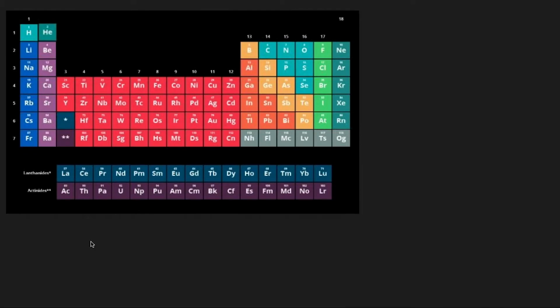Now let's do some elements with a p subshell that actually holds electrons, unlike lithium, such as carbon. And carbon has 6 electrons since its atomic number is 6. And you can also count 1, 2, 3, 4, 5, 6. Now, if we start counting from hydrogen, we can see that it has 2 electrons in its 1s subshell, 2 electrons in the 2s subshell, and finally 2 electrons in the 2p subshell.